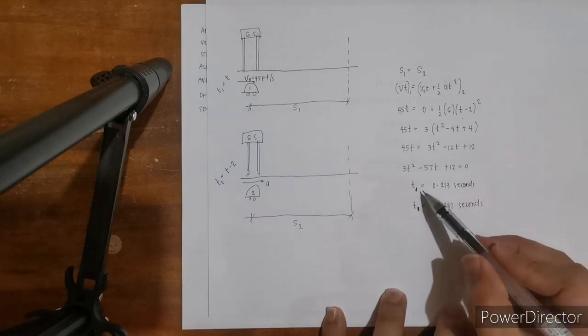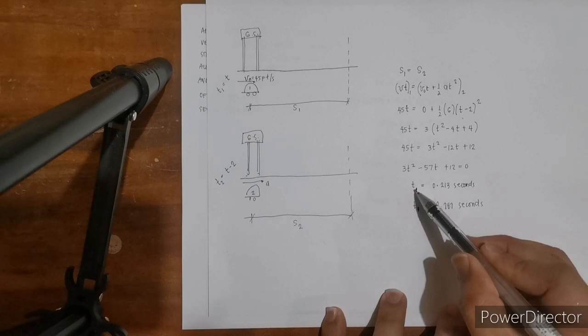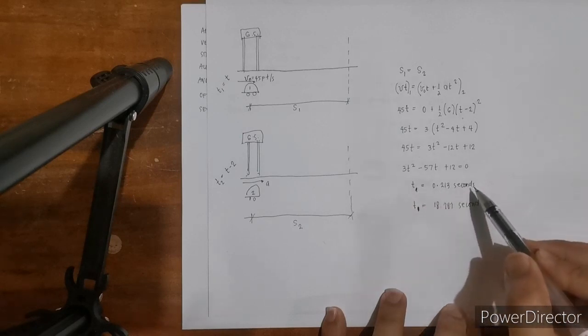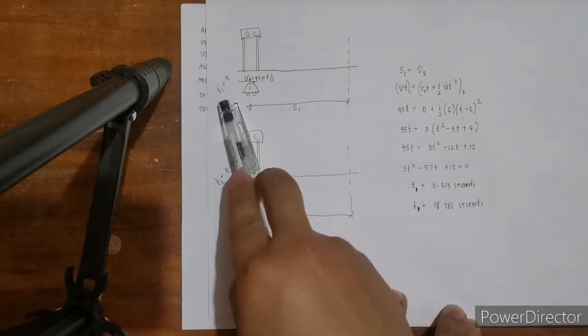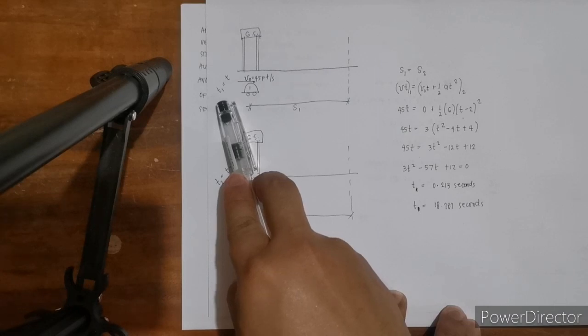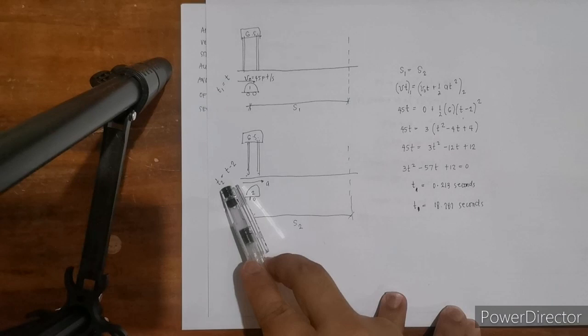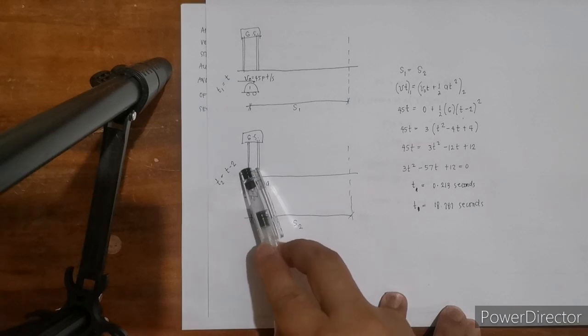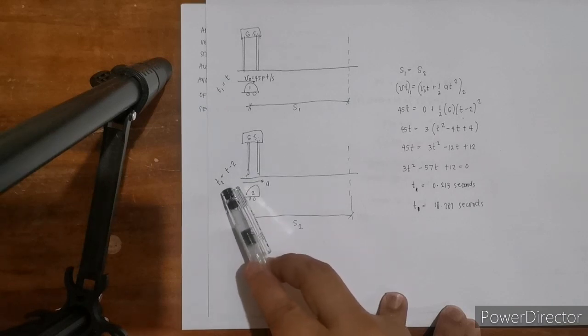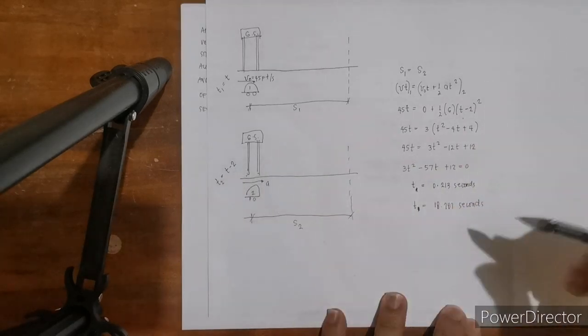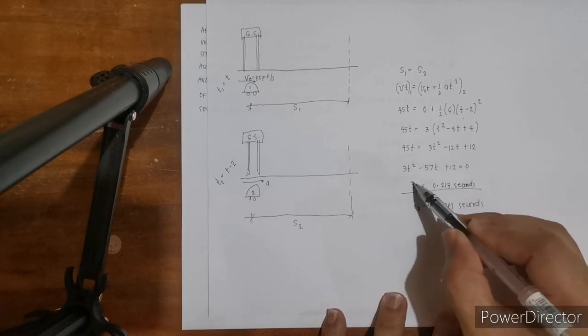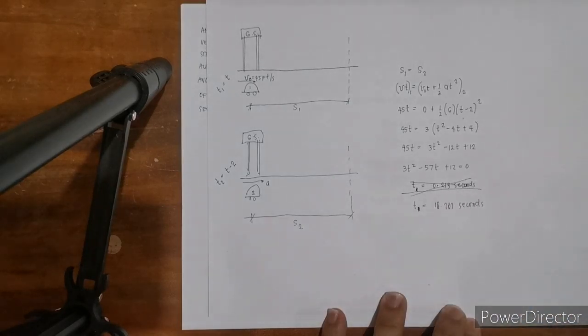Okay. Ngayon, if t is equal 0.213 seconds, yun magiging time ni first automobile. Ngayon, if that is 0.213, pagkukunin natin yung time ni second automobile, that will be 0.213 minus 2. The time of second automobile will become a negative value. So, hindi siya pwede. So, i-disregard natin to.